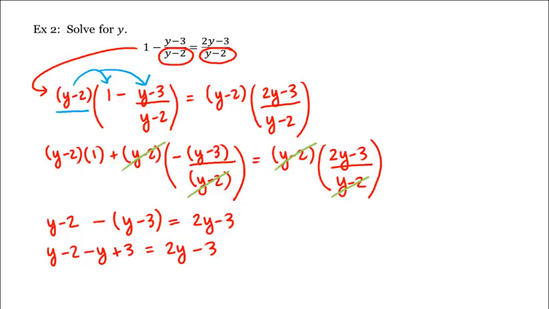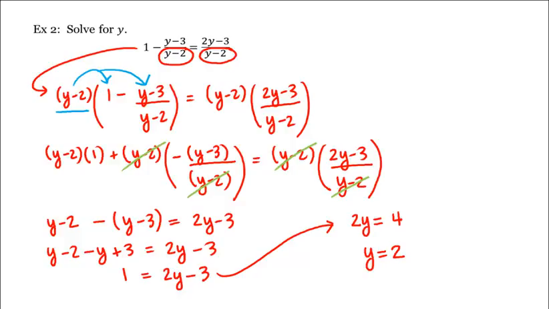And combining like terms on the left, we have y minus y is 0, and negative 2 plus 3 is 1. So we have 1 is equal to 2y minus 3, or adding 3 to both sides, we get 2y is equal to 1 plus 3, or 4, which means y is equal to 2.